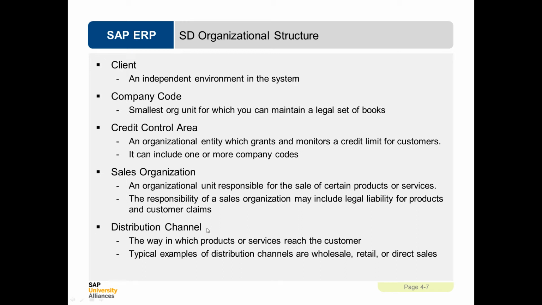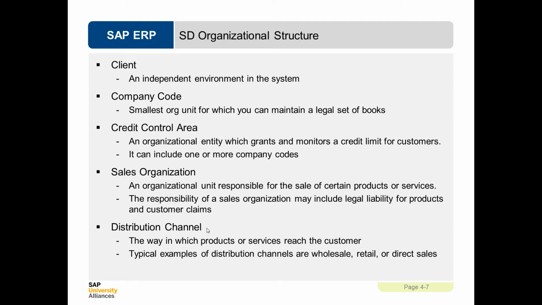So the sales organization is the group that is responsible for, as it says here, certain products or services. And so you might be looking at the Global Bike sales organization that is assigned sales of particular products and services that Global Bike offers.